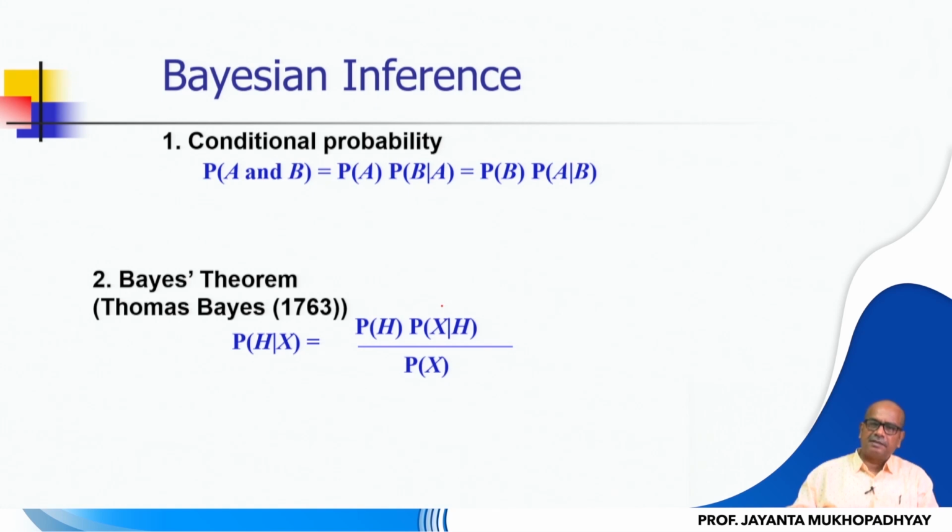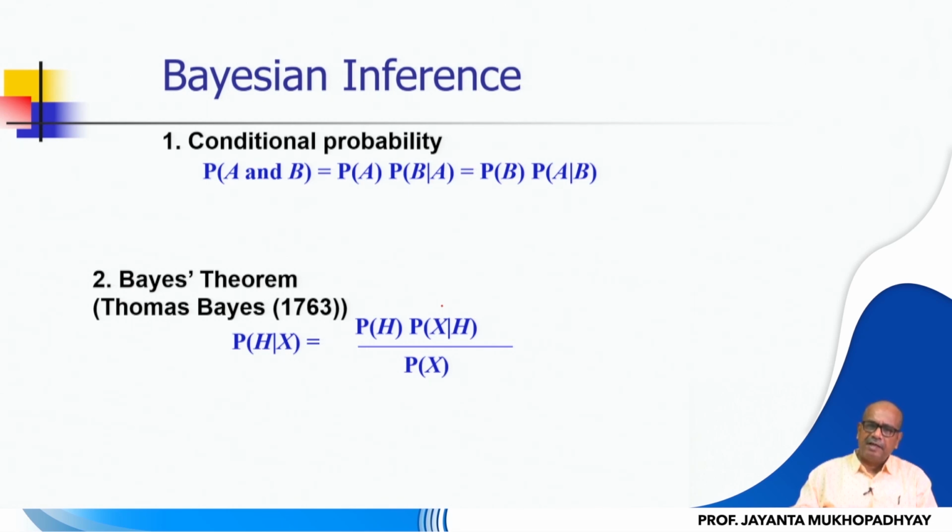So let us try to understand this Bayesian inference process, or the Bayes theorem. As you know, there is one particular concept called joint probability. Say, the joint probability of A and B can be explained in terms of conditional probability.